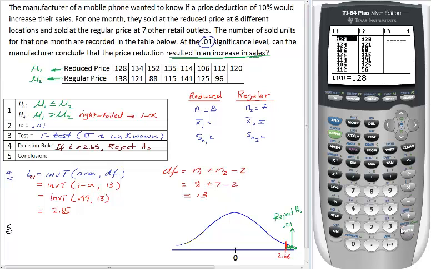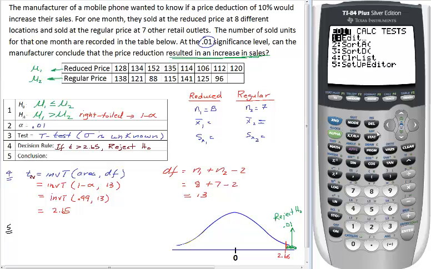Notice I've already put the data in. These numbers here, 128 up to 120, are in list 1, and I have the others in list 2. If you want to pause the video and put the data in your calculator to double check everything, go ahead and do it at this time.